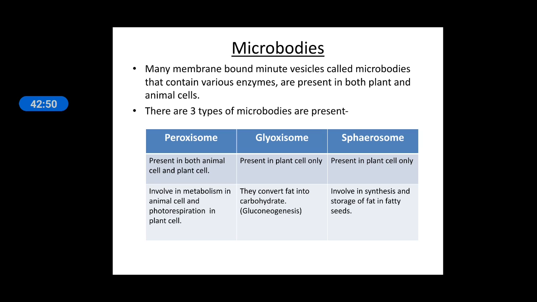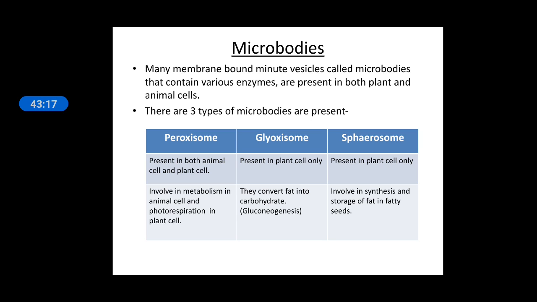Function: peroxisomes are involved in metabolism, meaning the production of H2O2, peroxide, and the breakdown of H2O2 into water and oxygen. In animal cells it is involved in metabolism, and in plant cells a special process known as photorespiration takes place there.